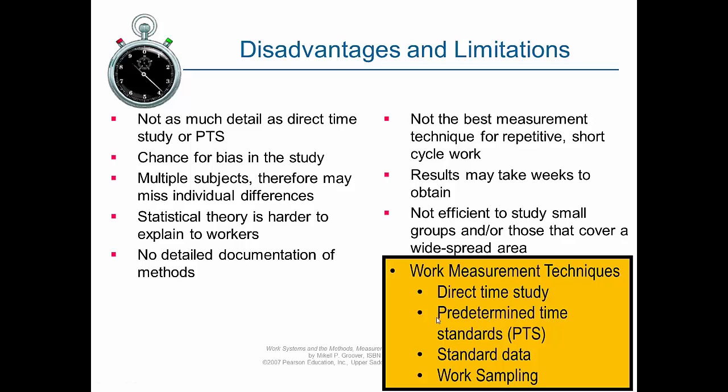Think about our car assembly process and our flashlight assembly practice that we did for applying direct time study. Versus work sampling, it is a work measurement technique, but not at the level of detail as these 3. It's identifying broad stroke categories of what's going on that we need to drill down deeper in order to find out exactly what we need to do to make the improvement.